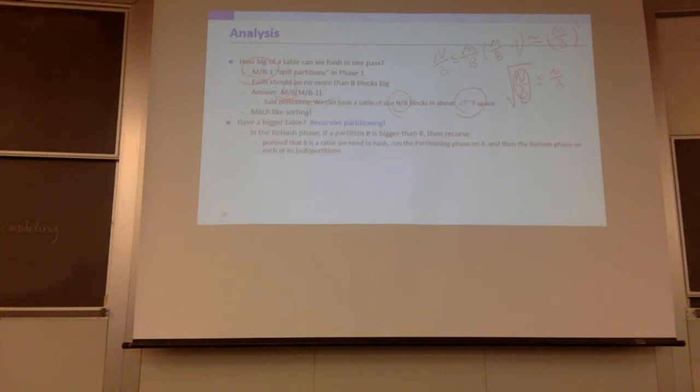But if you assume the data is benign, by benign I mean it follows a uniform distribution, you might have some variance, but not too large. Then you can add a small buffer to that square root of N over B. Then you're fine. You typically can do that in one pass, right?